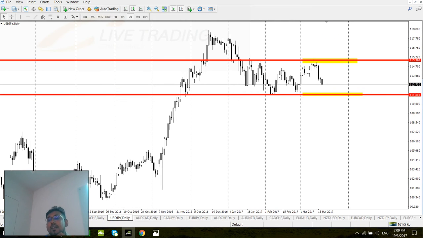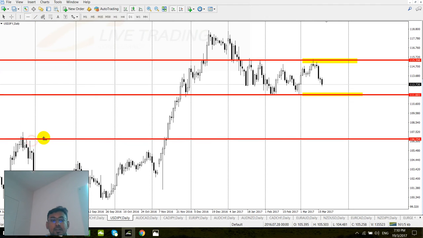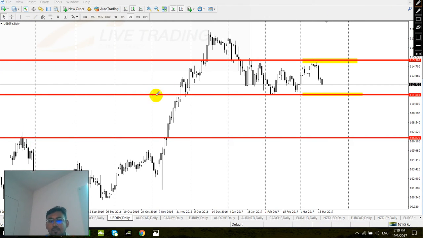Okay, USD yen. If you guys see USD yen on a bigger time frame, the daily chart, the market tried to penetrate, failed. Tried to penetrate again, penetrated. The market hasn't retested, so it is heading to retest here.